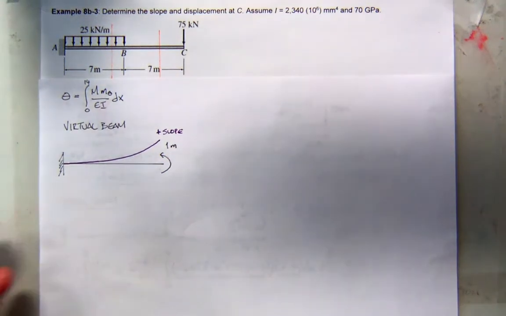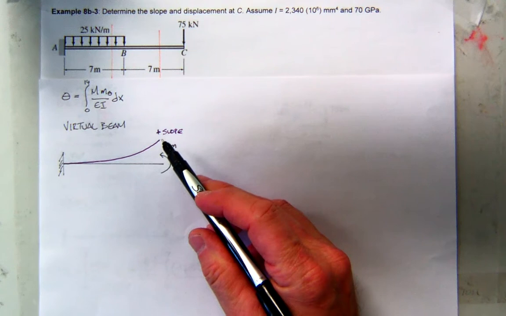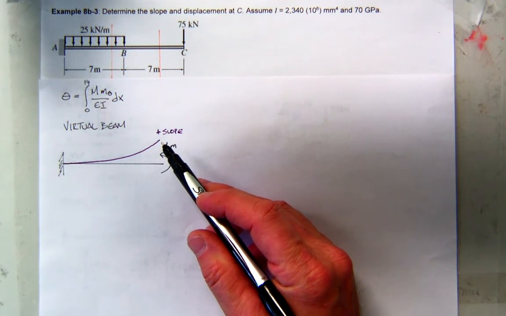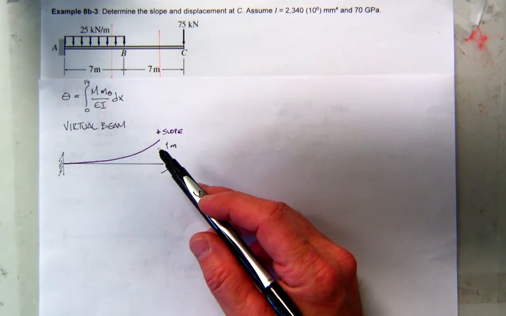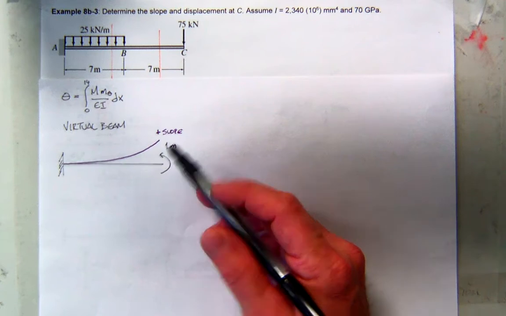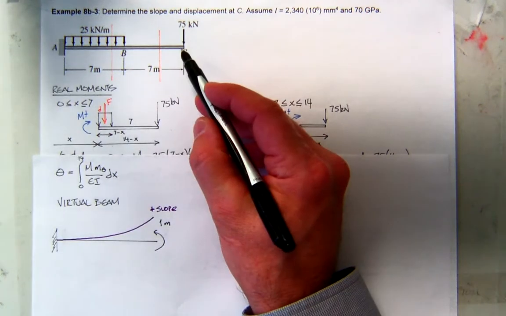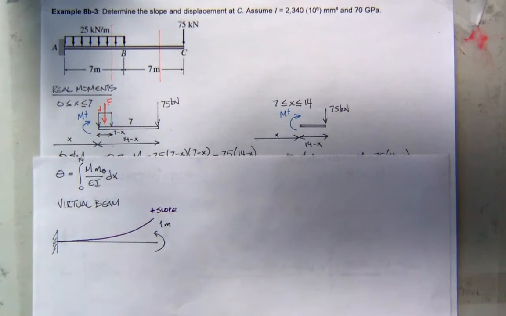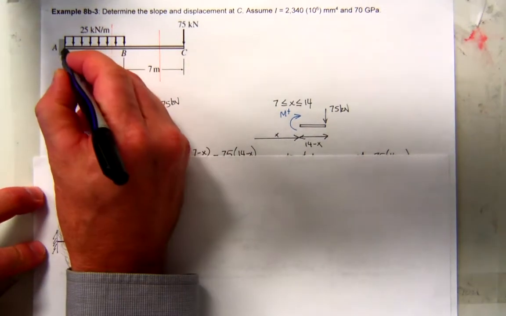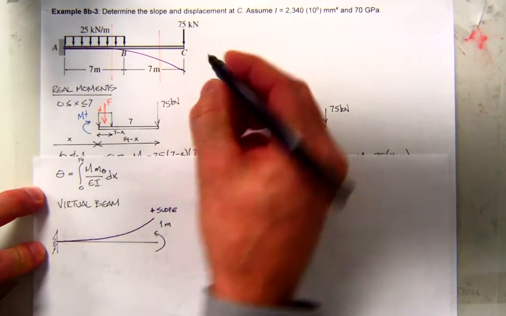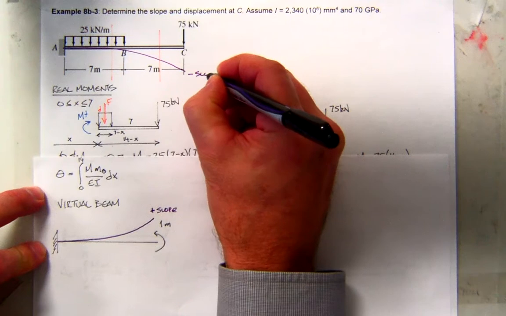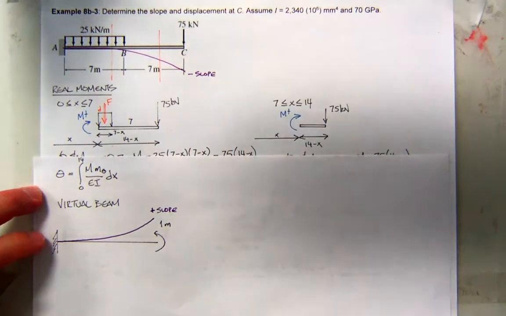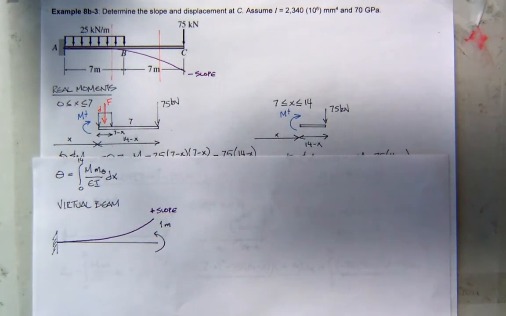So I'm assuming, unlike I did for the force, that this moment will get a positive slope. If I get a negative value, that means I have negative slope. Now looking back at the real beam, what do you expect to actually happen at C? Is this point going to move up or down? It's probably going to move down, and you should expect negative slope. So I'm expecting this result to give me a negative value.